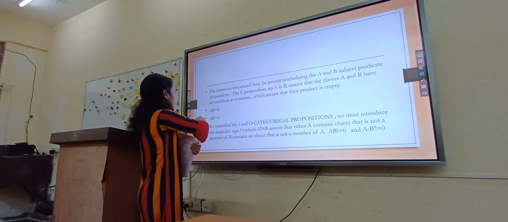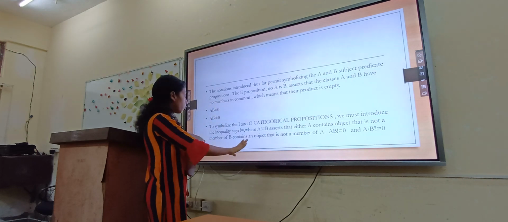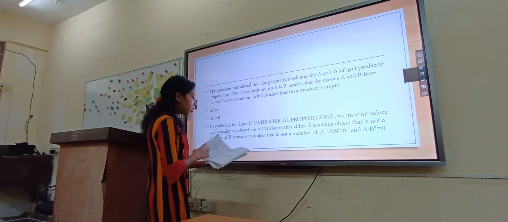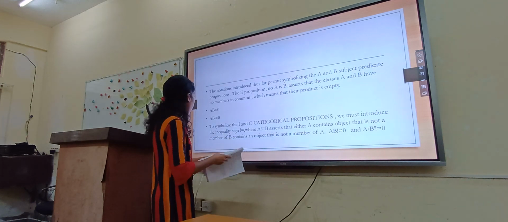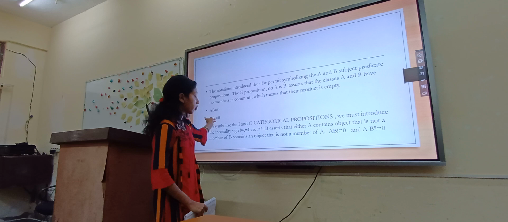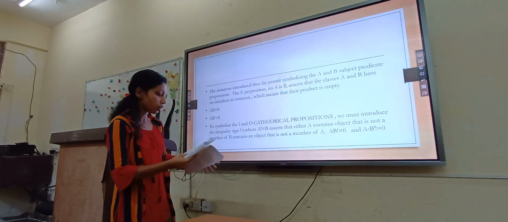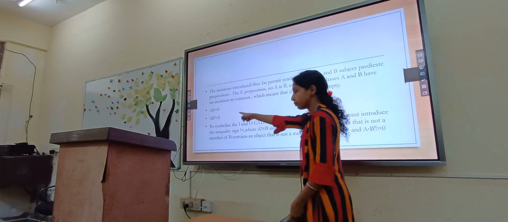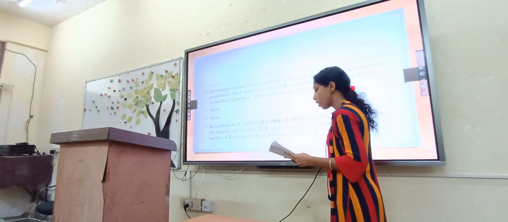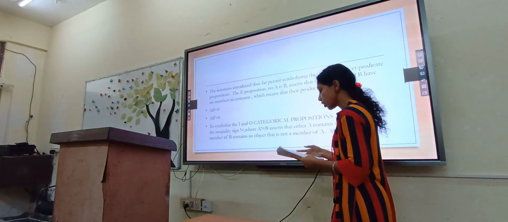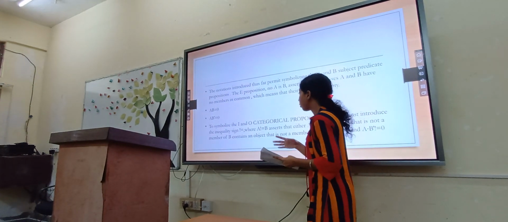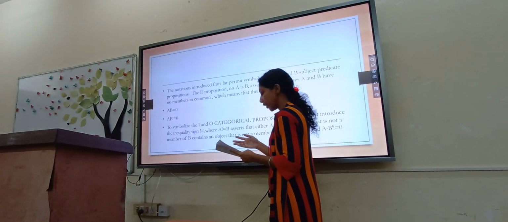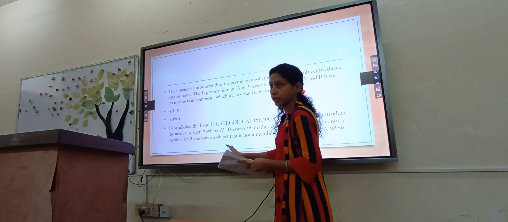So we can write it as AB equals 0. Now the universal affirmative: all A is B asserts that there is nothing which belongs to A but not B, which means that the product of A and the complement of B is empty.